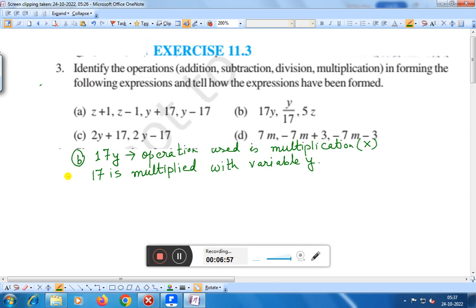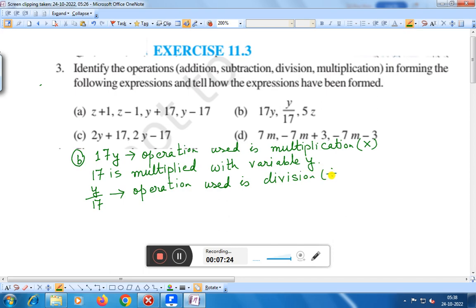And next one is y by 17. By means division. That means y divided by 17, right? Therefore, operation used is division.